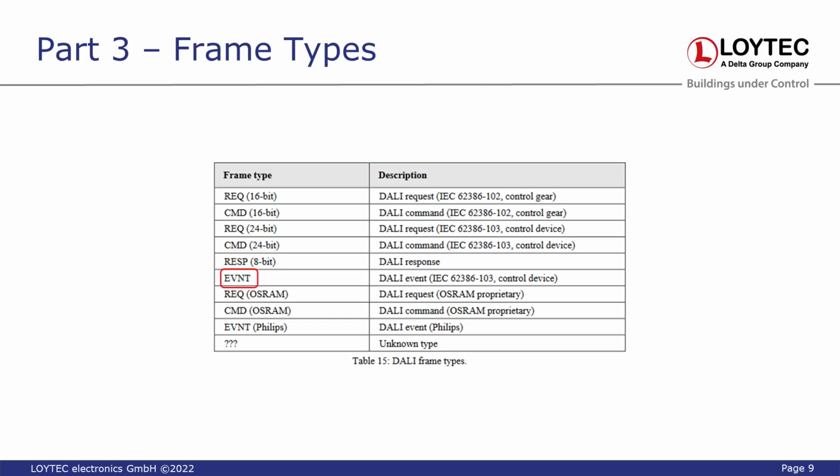Events are sent out by control devices to, for example, transmit occupancy.